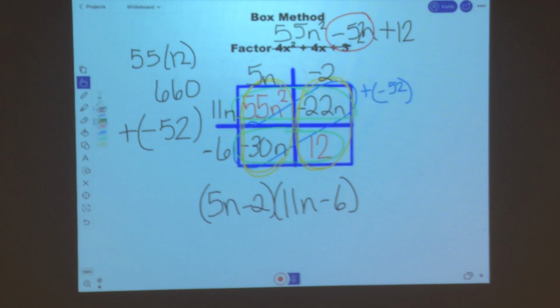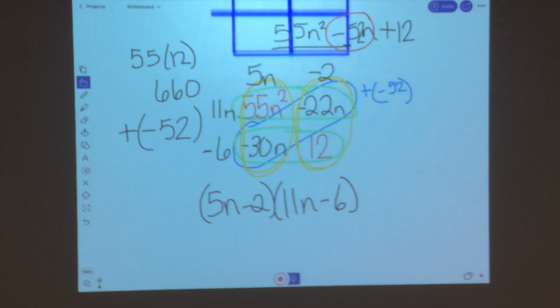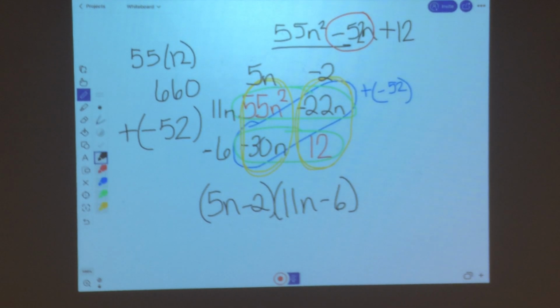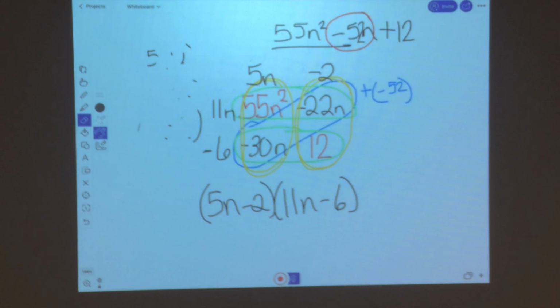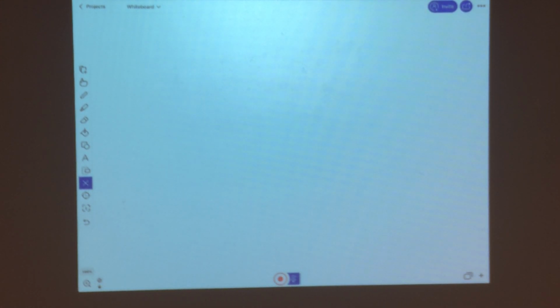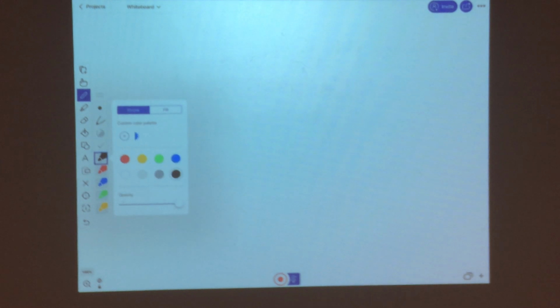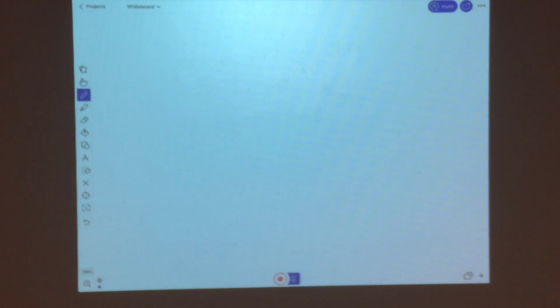I am also going to do number 45 from your homework on the first part of 8.6. Number 45 was 63g squared minus 89g plus 30.